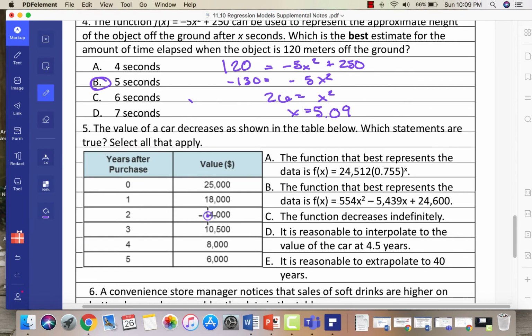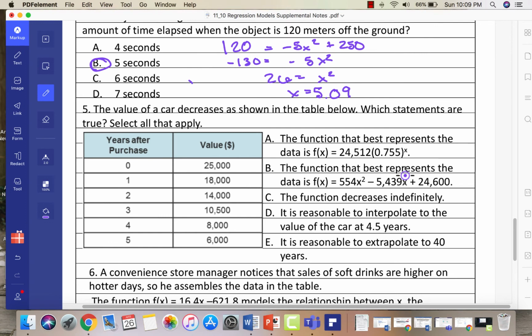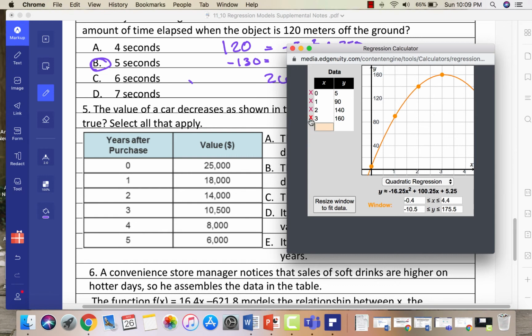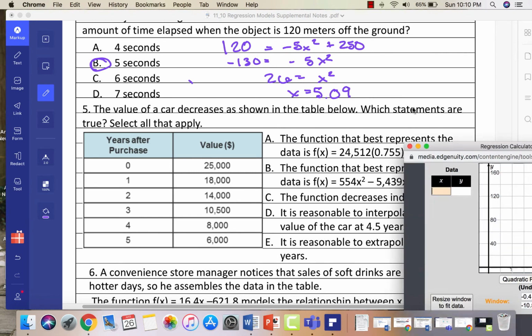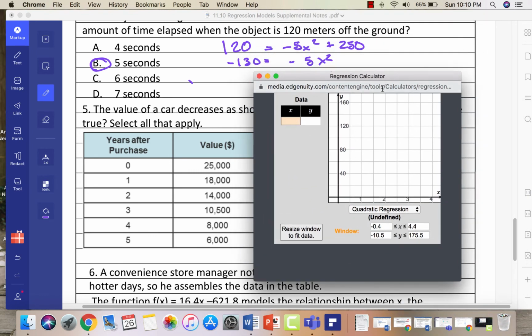Number 5. It says the value of a car depreciates as shown in the table below. Which statements are true? Select all that apply. So we can substitute this data into our regression calculator. And then look at the information that is provided and determine what type of model we should be using and what the equation should be. So let's put in 0 and then 2500.